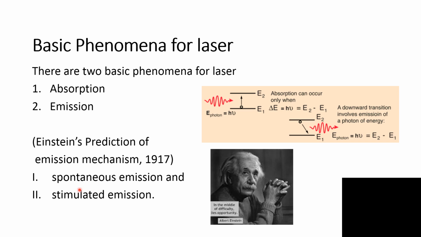One is spontaneous emission, which is just this normal emission, and the other is stimulated emission. This stimulated emission concept was given by Einstein in 1917. So let's study absorption, spontaneous emission, and stimulated emission in more detail on the next slide. Okay, get ready for that.